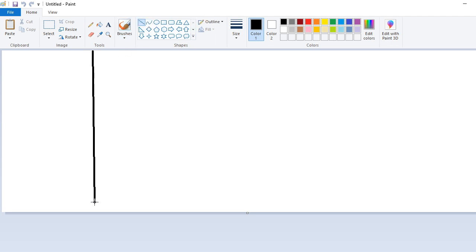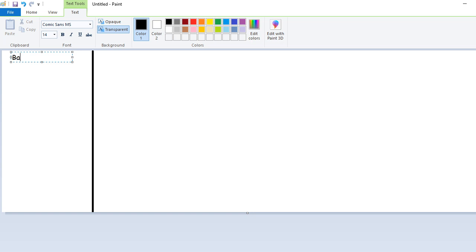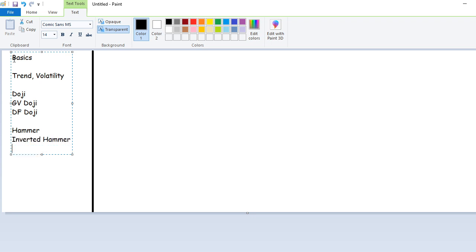Till now we discussed candlestick basics, and then how to find the trend and volatility using candlesticks. Then a few reversal candles and price rejection at higher and lower levels using doji, gravestone doji, dragonfly doji, and then single-candle reversals like hammer, inverted hammer, shooting star, and hanging man.